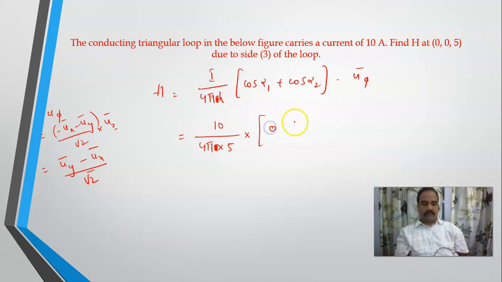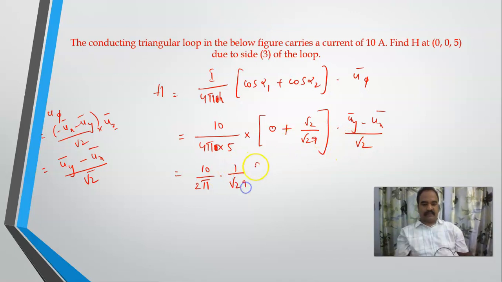This was 0, we have already got it, and this was root 2 by root 29, and this is (uy bar minus ux bar) by root 2, right? So if you carefully see, this value is 10 by 20 pi, the root 2 will get cancelled. It is 1 by root 29, it is minus ux bar plus uy bar.